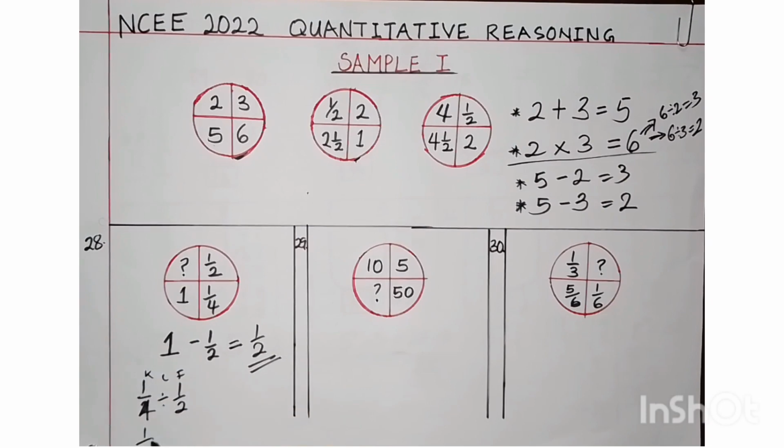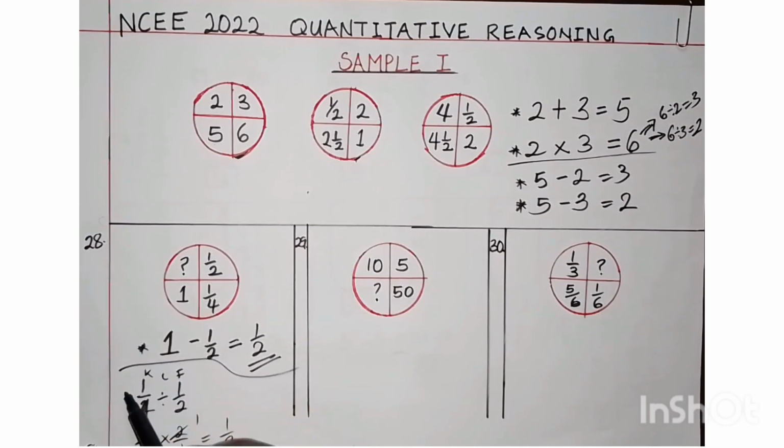We keep 1 over 4, change the sign, then flip the other fraction. Then 4 goes here 1, 2 here 1, and 2 in 4 is 2. So our answer is 1 over 2. Whichever one is faster for you, and that you know you'll be accurate with, go with. You could do subtraction, or you could also do division to get your answer.